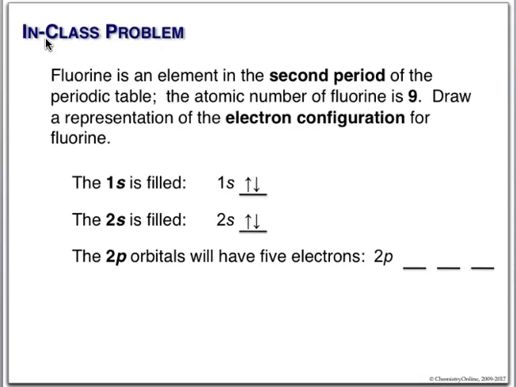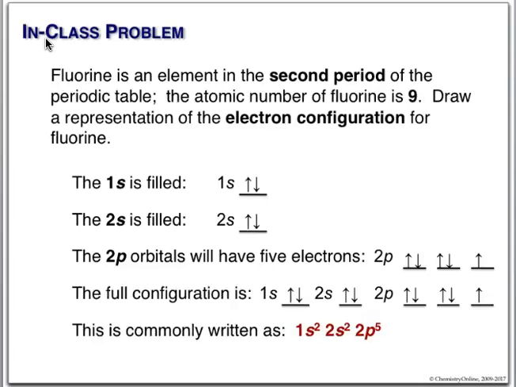Hund's rule says they go in one at a time. Then we start to pair them. These are all up, so we need a down and a down. Our absolute electron configuration would look like this. 1s2, 2s2, 2p, total of 5, 2, 2, and 1.